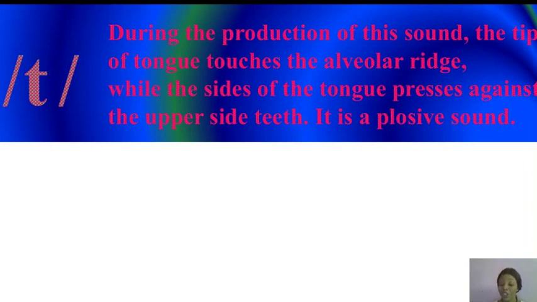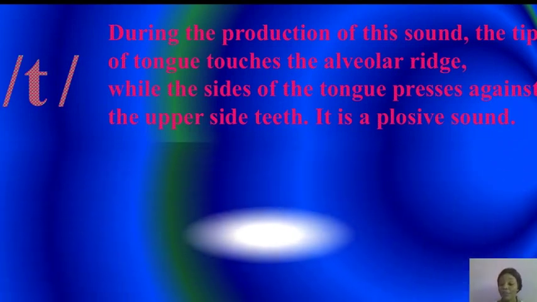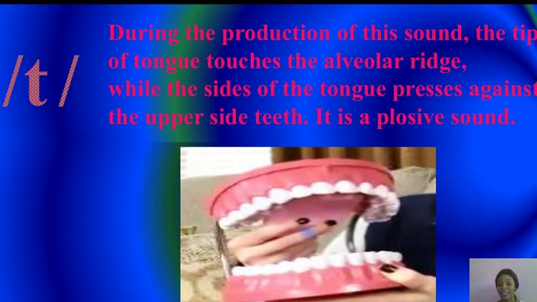That bump behind your teeth is known as the alveolar ridge. Now let's see it. Just behind your upper teeth, in your mouth, there is a bump. You can actually trace it with your tongue. I can feel mine right now. It's a bump. Yeah, that bump is known as the alveolar ridge.